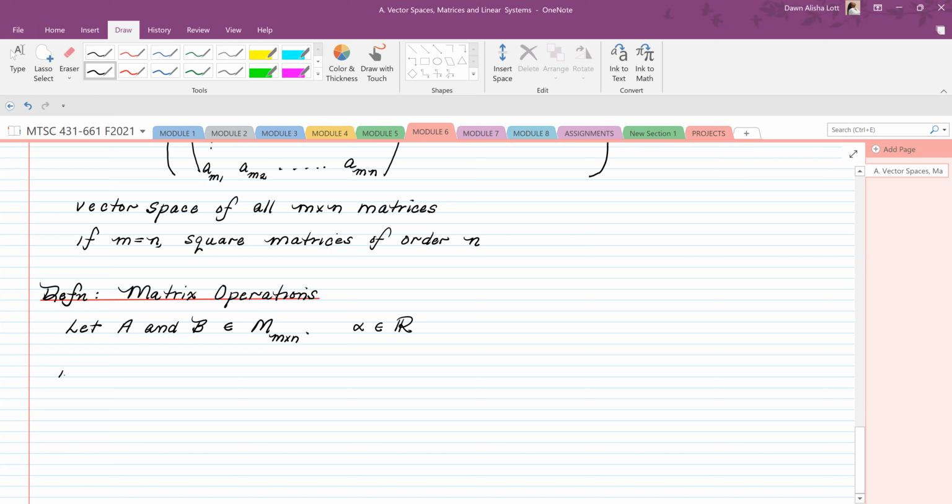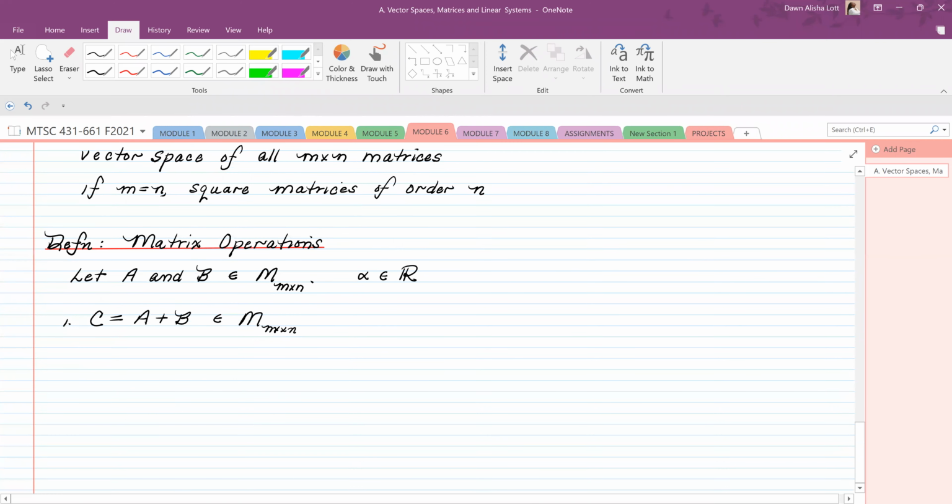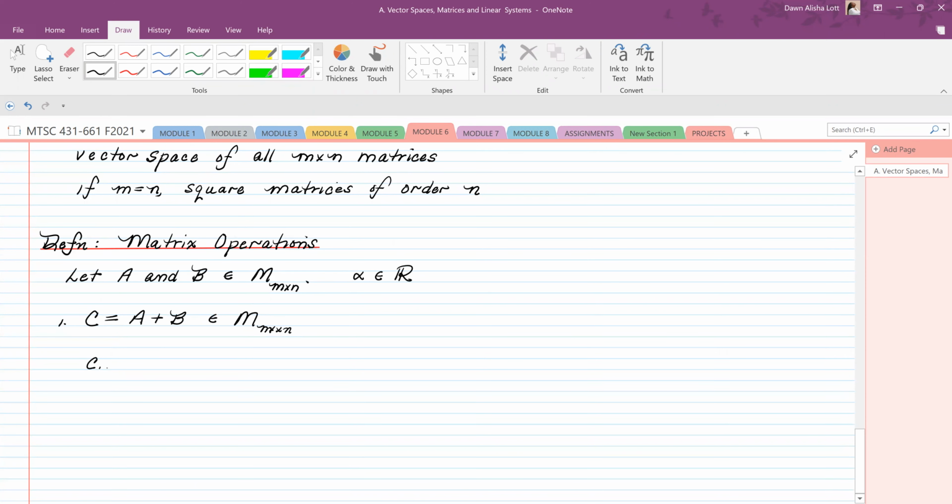So the first thing is the matrix C equal to A plus B. So we can add these, and C is also an element of M by N, and each Cij is simply Aij plus Bij. So we can add them component-wise.